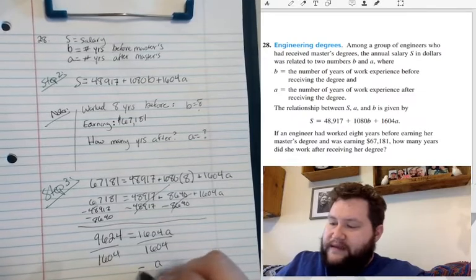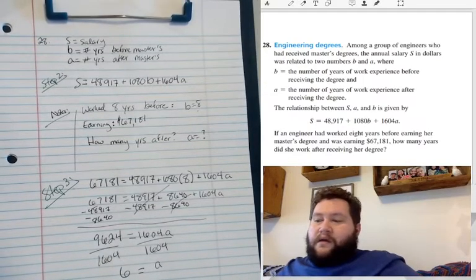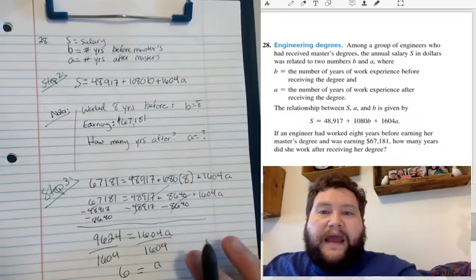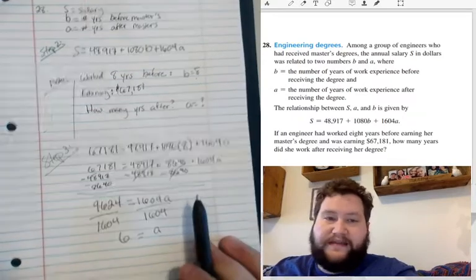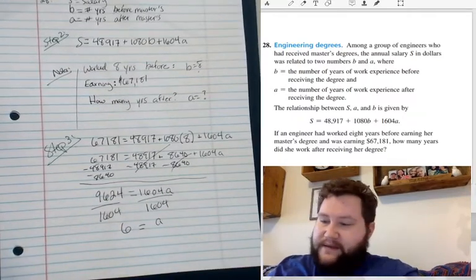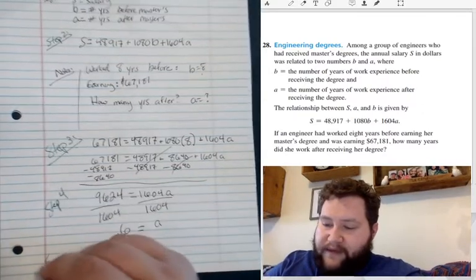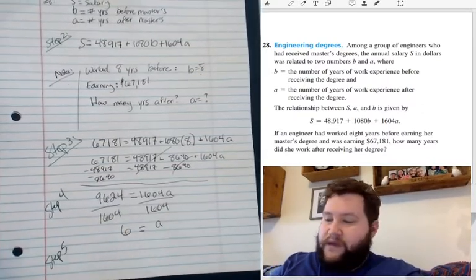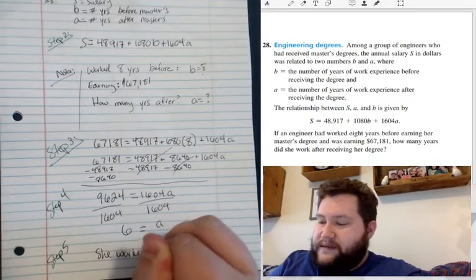We get A is equal to 6. So the question said, how many years did she work after receiving her degree? Well, A equals 6 doesn't answer that directly, but that was step 4, solve. Step 5, she worked 6 years.